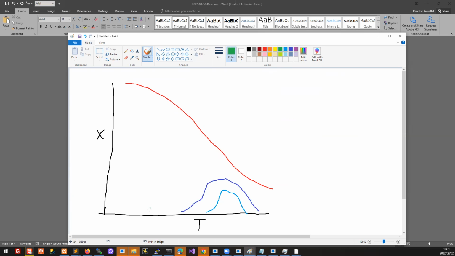And we have orders of magnitude difference among these lines. I wonder if I could do this well enough. Let's see. Okay.